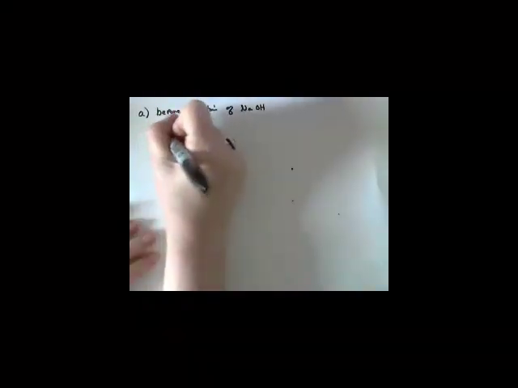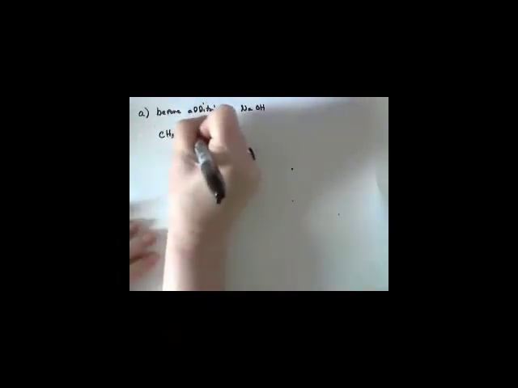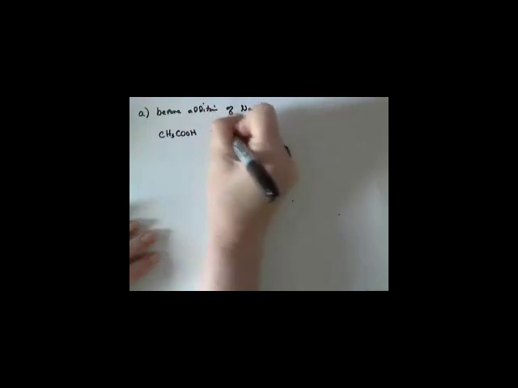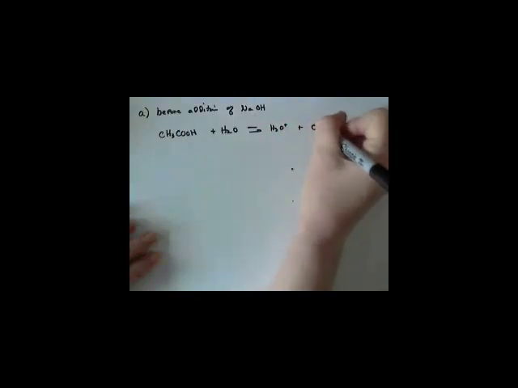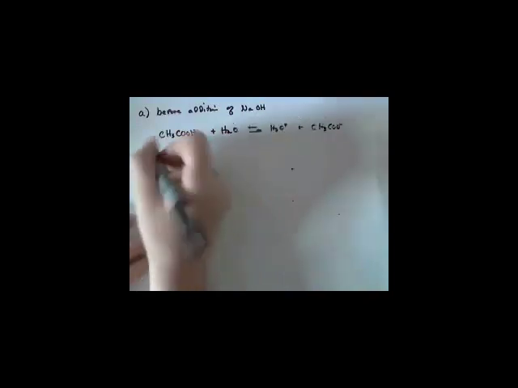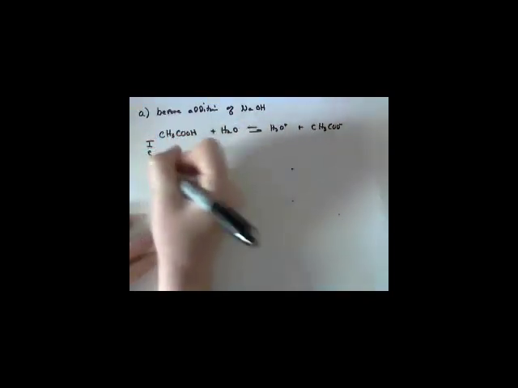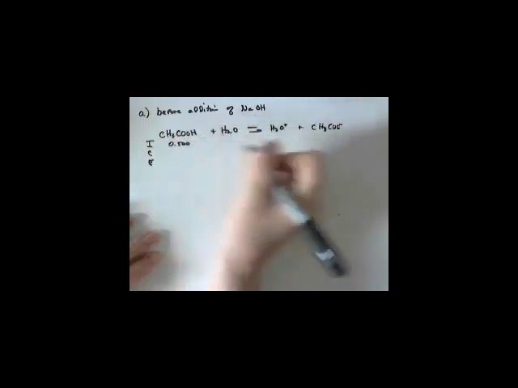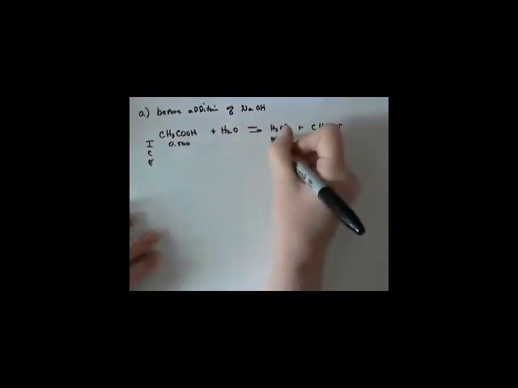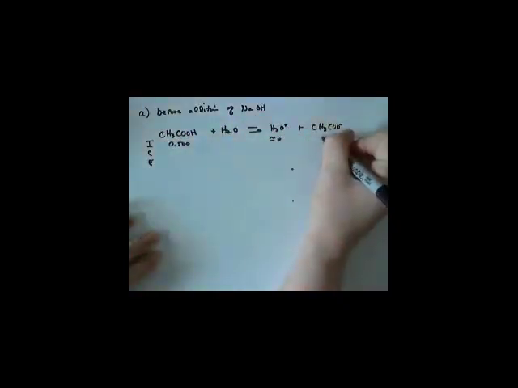So we have acetic acid plus water. And again, this is before the addition of any hydroxide ion. So we'll go ahead and set up our ICE table, and the initial concentration is 0.5 molar, and of course this is 0, 0.